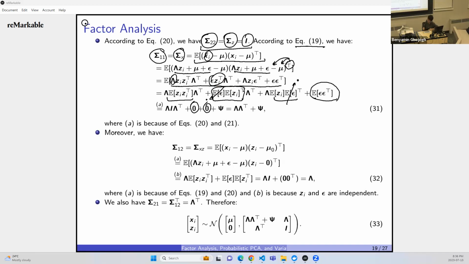What is this? This is exactly the covariance of epsilon, the noise, psi. What is this? Covariance of zi. We assume it is identity. So it simplifies to lambda lambda transpose plus psi. Interesting. The covariance of X is lambda lambda transpose plus psi.